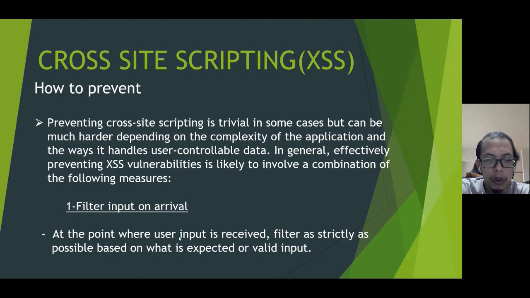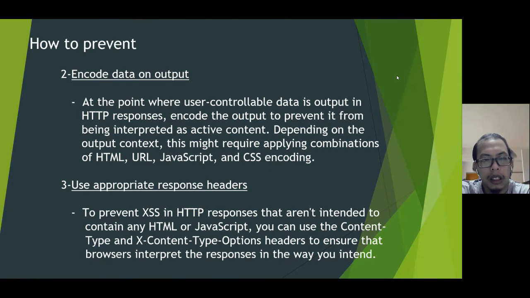At the point where user input is received, filter as strictly as possible based on what is expected or valid input. Next, encode data on output. At the point where user-controllable data is output in HTTP responses, encode the output to prevent it from being interpreted as active content. Depending on the output context, this might require a combination of HTML, URL, JavaScript, and CSS encoding.